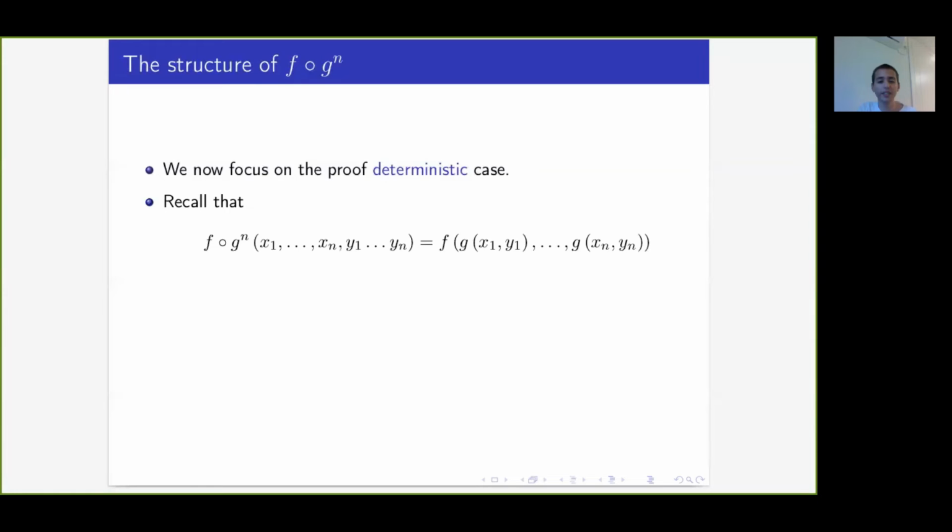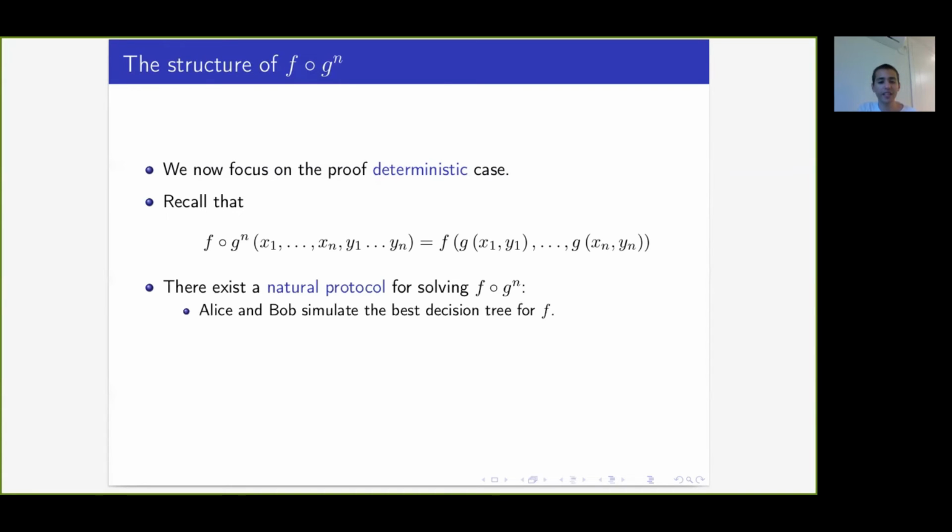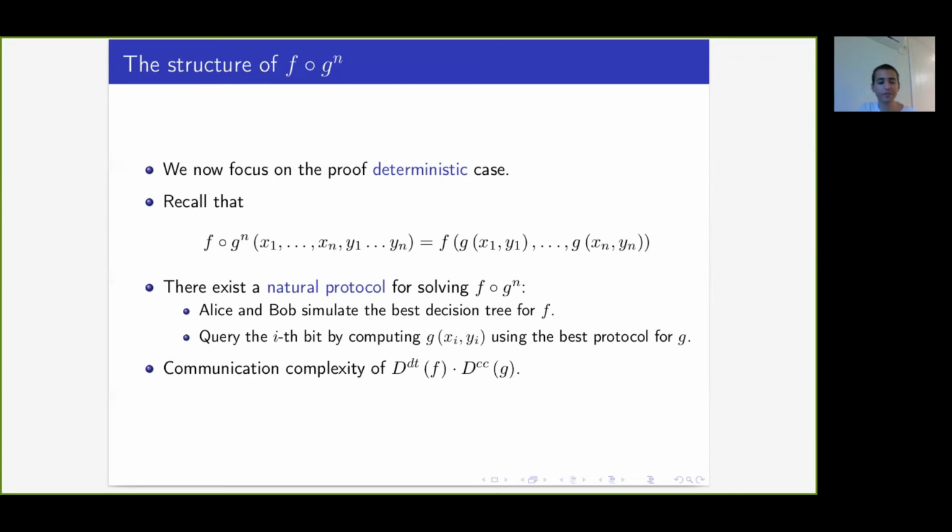In order to better understand the proof, we will first look at the upper bound for the communication complexity of the lifted problem. We note that there exists a natural protocol for solving lifted problems along the following line. Alice and Bob simulate the best decision tree for f, and every time the tree needs to query the ith bit, they just compute the best protocol for G on the ith inputs.